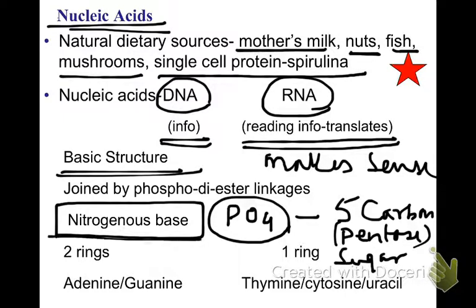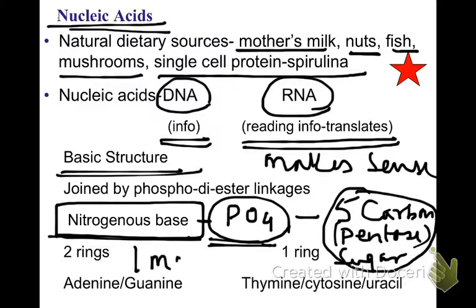A nitrogenous base, a phosphate group, and a 5 carbon sugar. These three things are the units that make one monomer or one nucleotide.